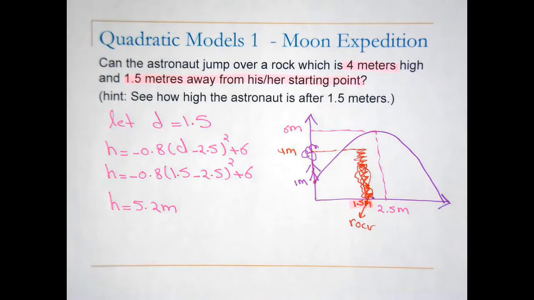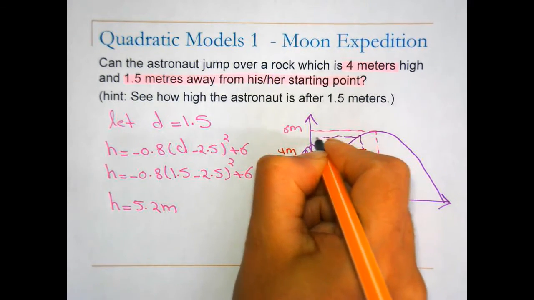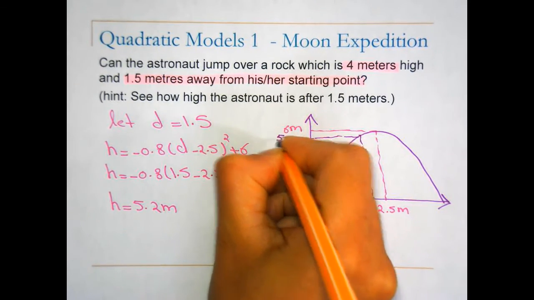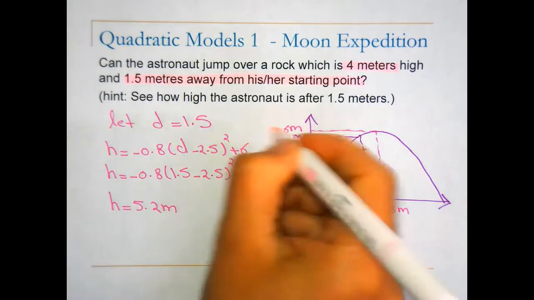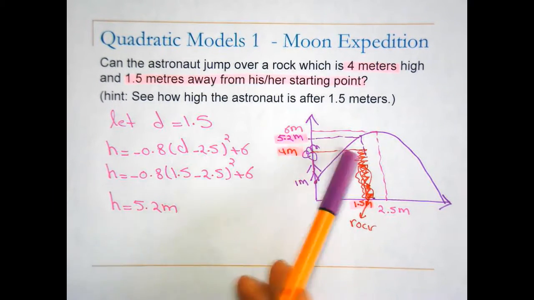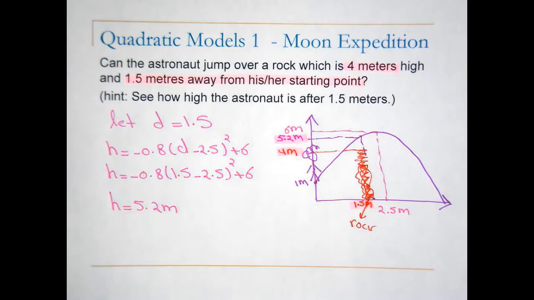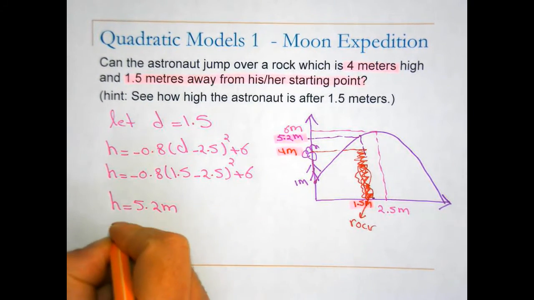the astronaut is actually here. The astronaut is at 5.2 meters, which is above 4 meters. So it's safe. The astronaut is almost 1.2 meters above the rock. So the question is, can the astronaut jump?